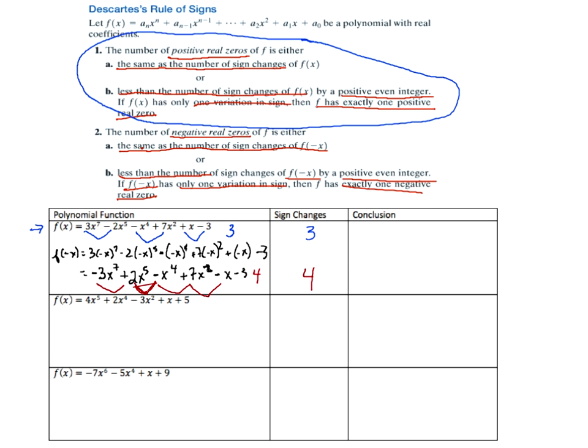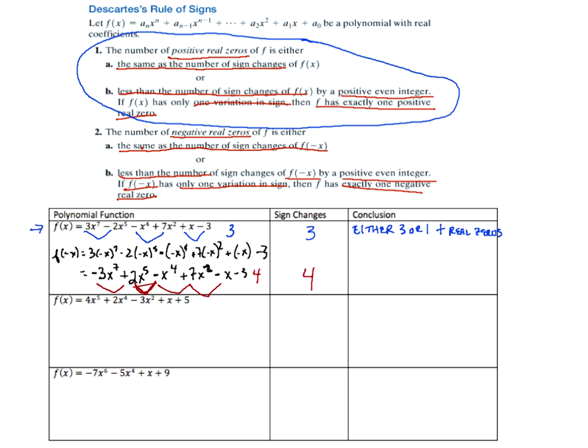So what this means is our function has either 3 or 1, because that's 3 minus 2, which is that positive even integer. 3 or 1 positive real zeros.